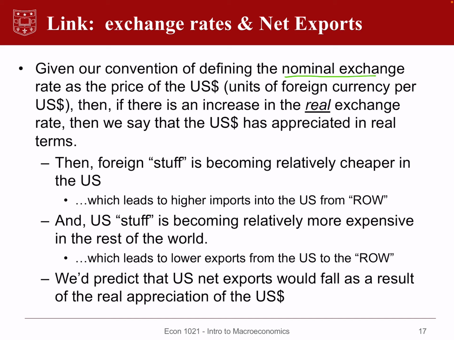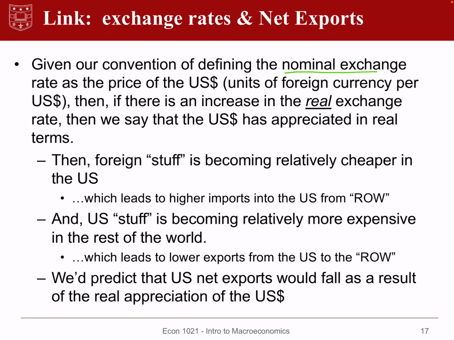Well, that means, again, that foreign stuff is becoming relatively cheaper from the perspective of the U.S. If you think about this, suppose that the real exchange rate between the U.S. and China went from 1 to our example of 1.5.